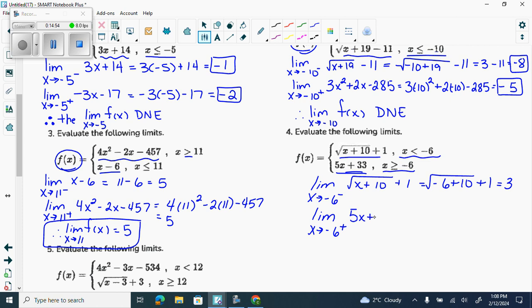So we get 5x plus 33. 5 times negative 6 plus 33 equals 3. Therefore, limit as x approaches negative 6 of f of x equals 3.